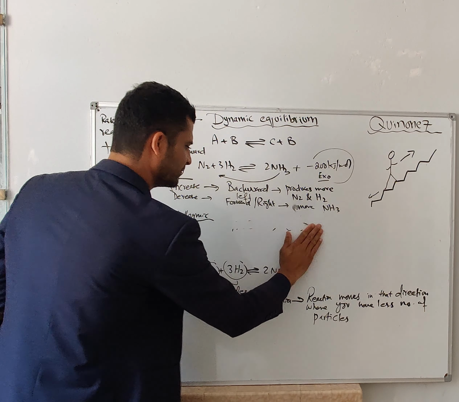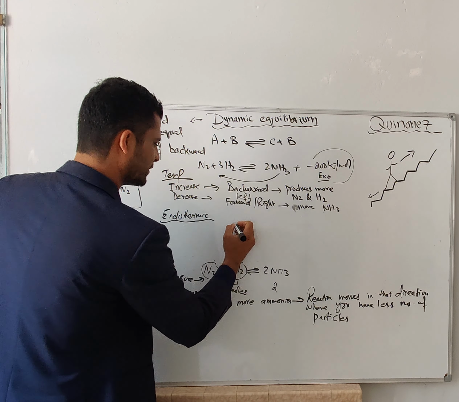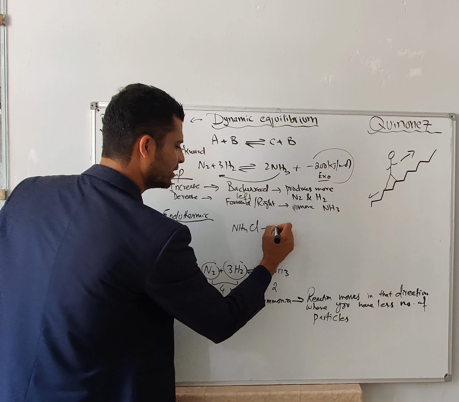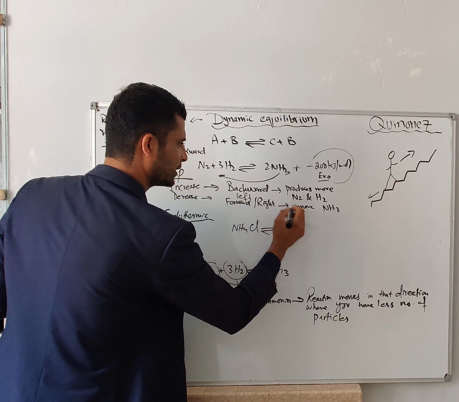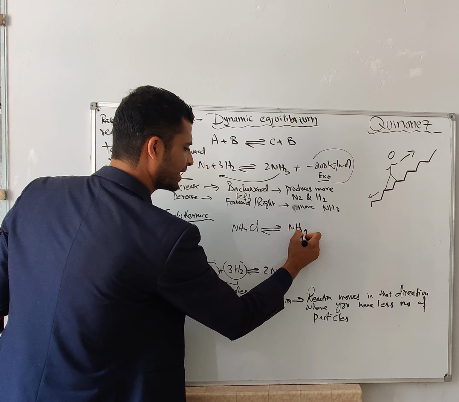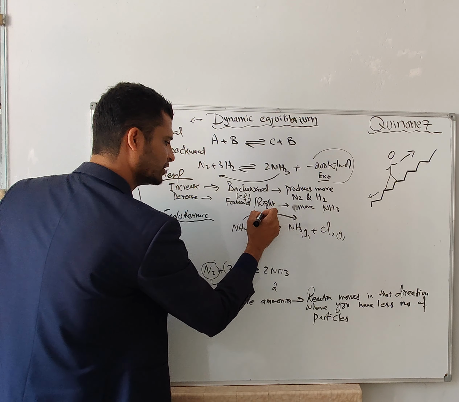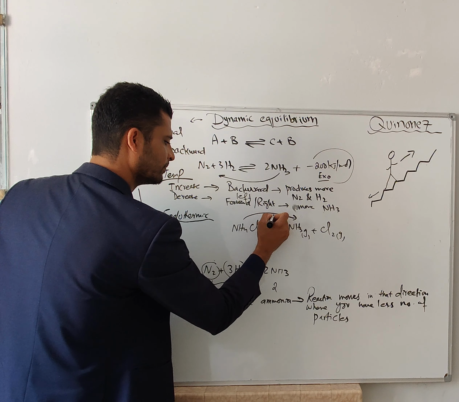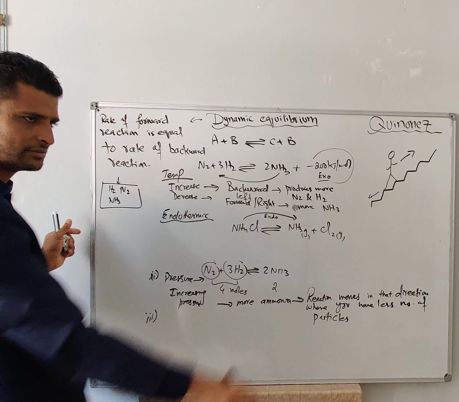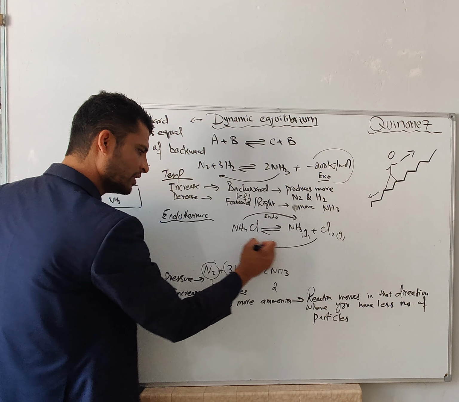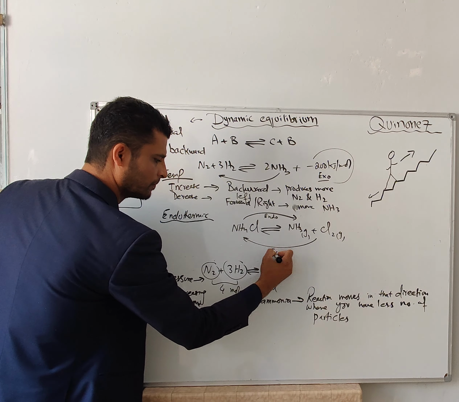If you want to take an example, you can take NH4Cl making ammonia gas and chlorine gas. The forward direction is endothermic. You heat it up, that's why it makes ammonia and chlorine gas. The moment you're going to reverse it, it is exothermic.